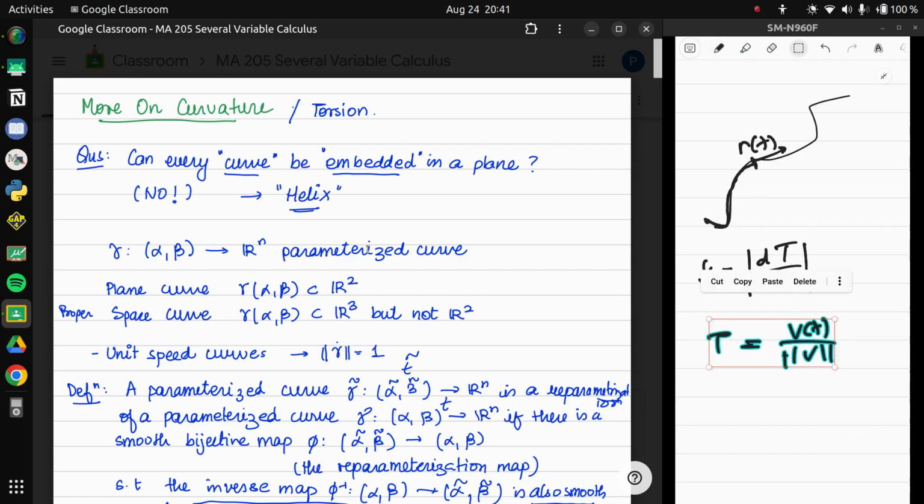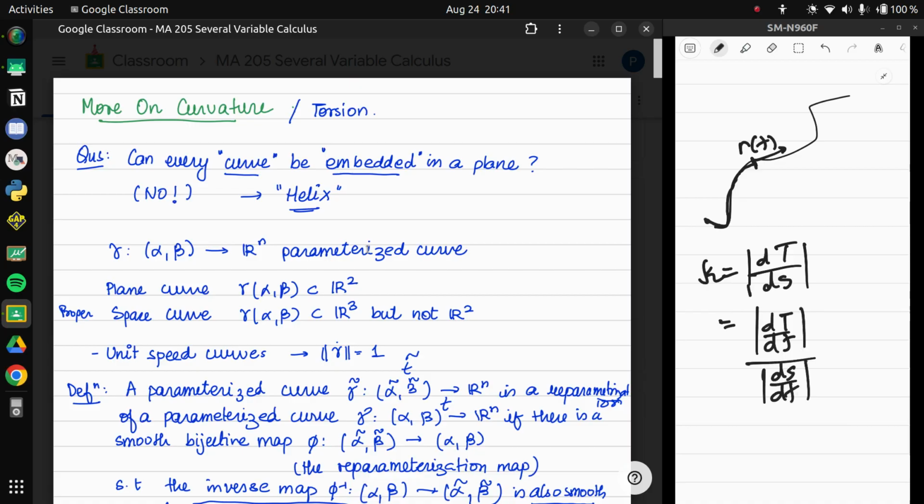You can rewrite this as dT upon dt, where t is the parameter, and then this upon ds upon dt. But remember, ds/dt is exactly the speed, which is the magnitude of the velocity. So this is the equation that you usually use. That's the curvature that they've defined.